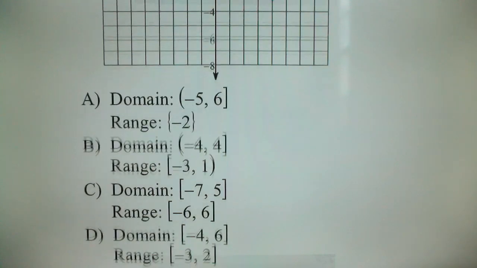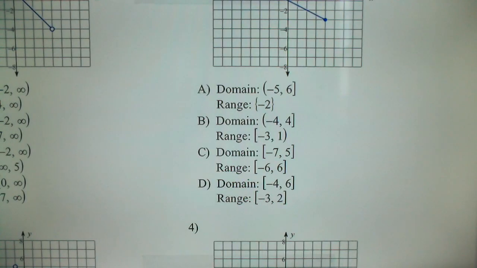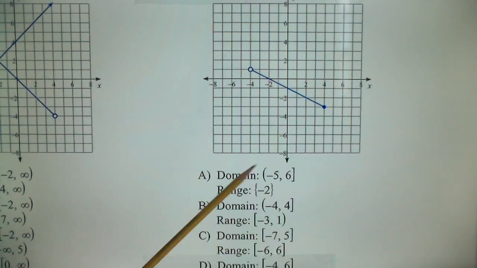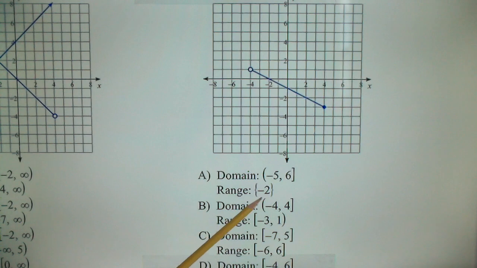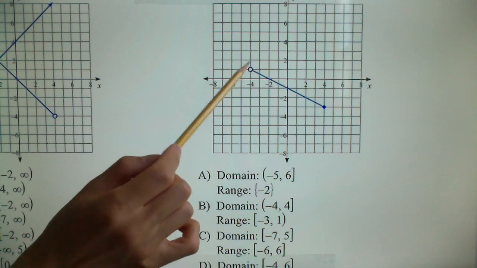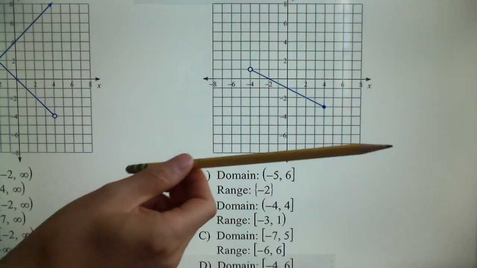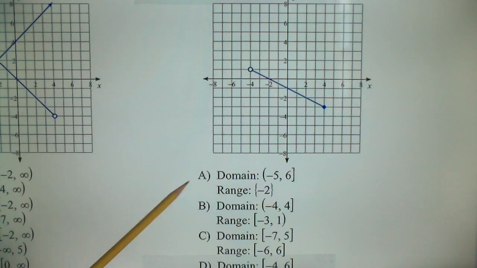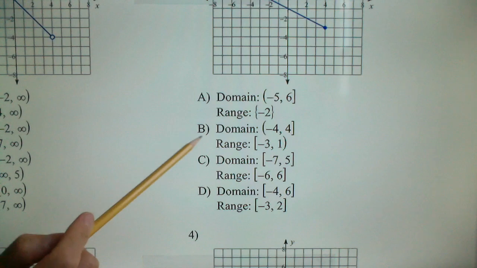So the answer is number 2: -4 to 4, but this is open, right? This is open, and the range is -1 to 1, and this is open. So the answer is B.